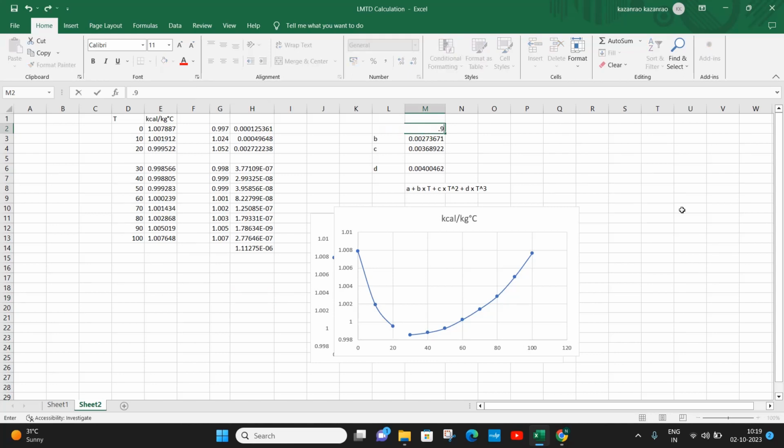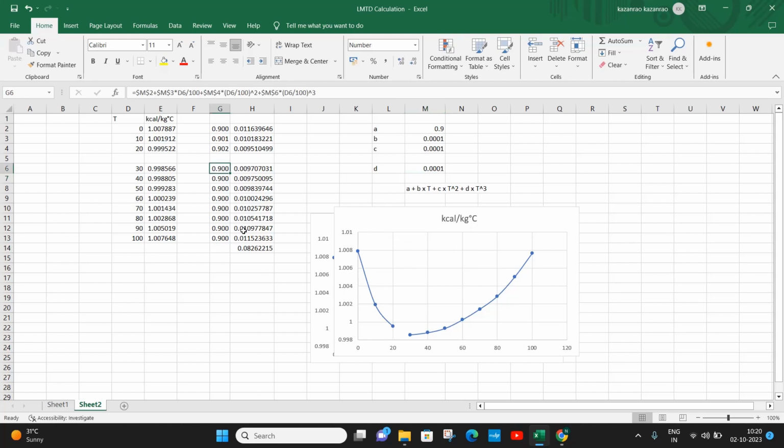Now we give certain assumed values. Let this be 0.9, and let us give a small value. These are all assumed values. We are going to use the solver to finally arrive at the coefficients. The coefficients a, b, c, and d are now assumed, and we are going to use the solver.